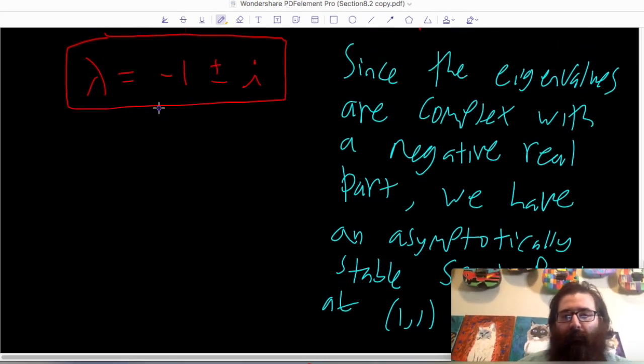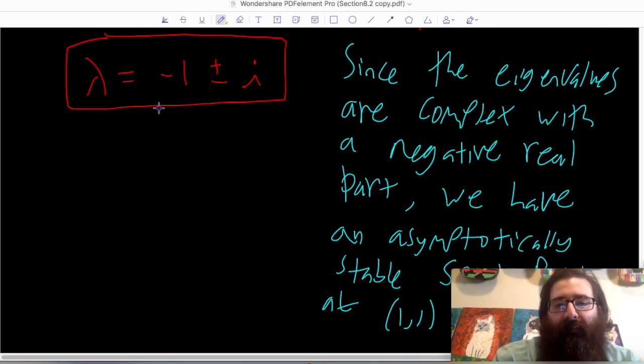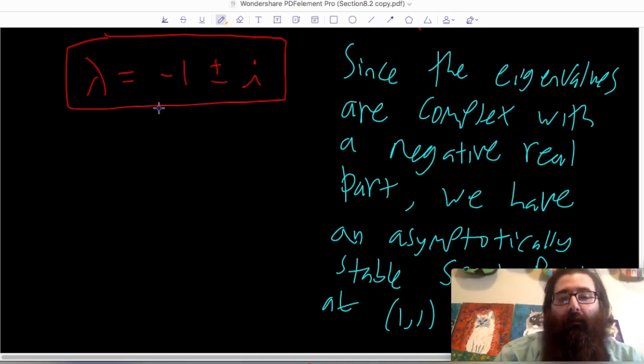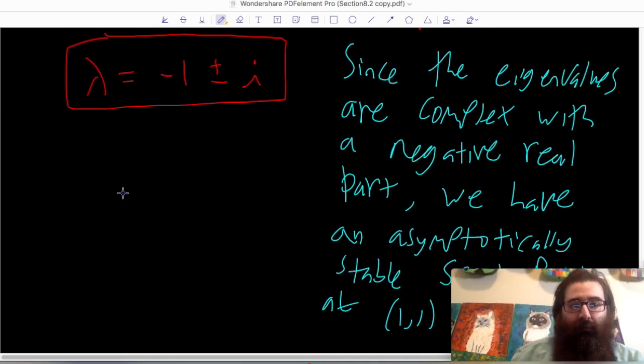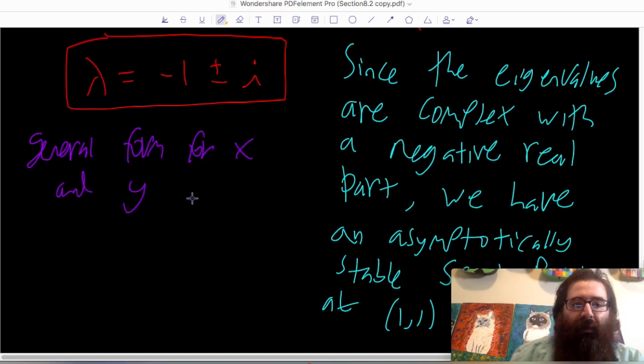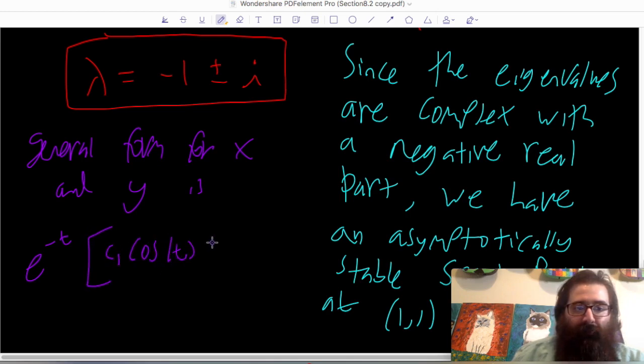Don't be afraid to bring everything back in context to that characteristic equation, right? So we'd say the general form for x and y is we're going to have e to the minus t times c sub 1 cosine t plus c sub 2 sine t.